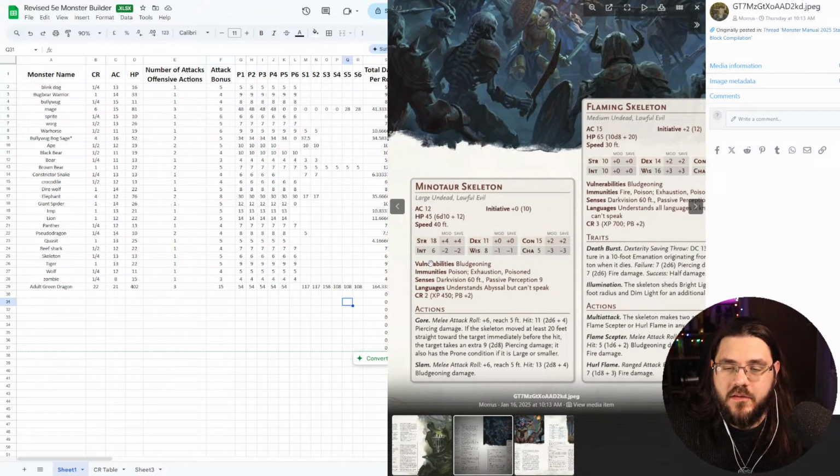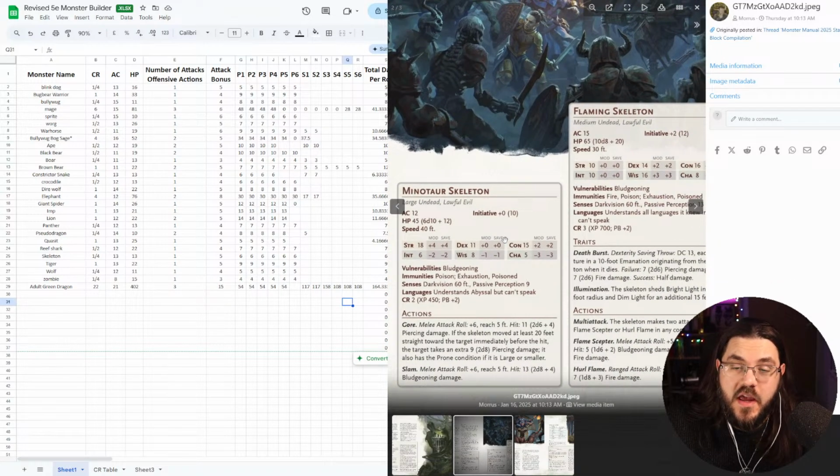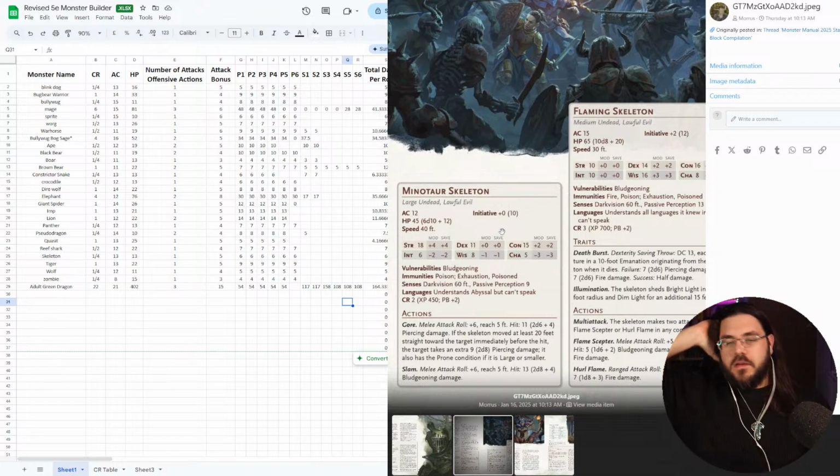Why are skeletons lawful? I assume because they have been raised through necromancy and serve a master, so they follow the law of their raised master. But I didn't even register that they were lawful.